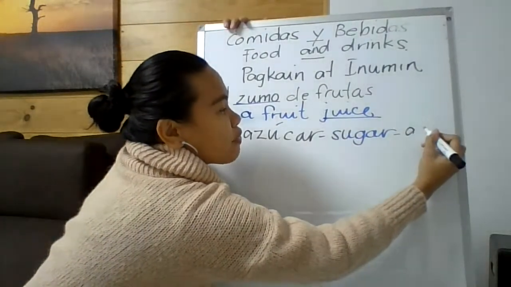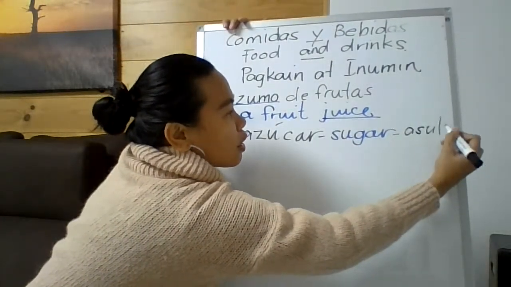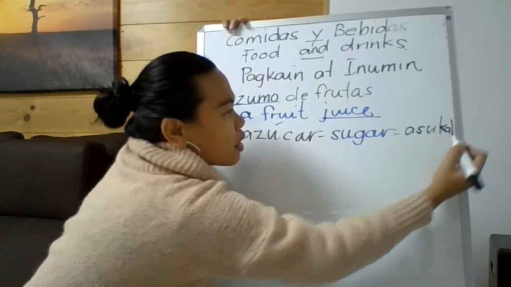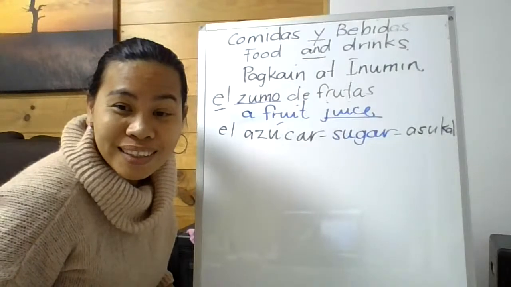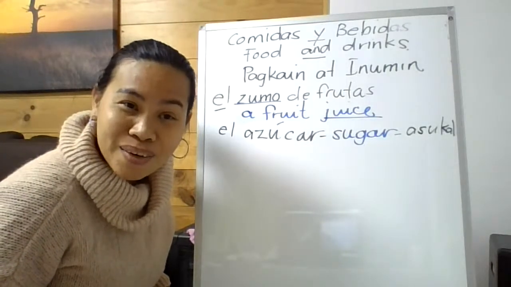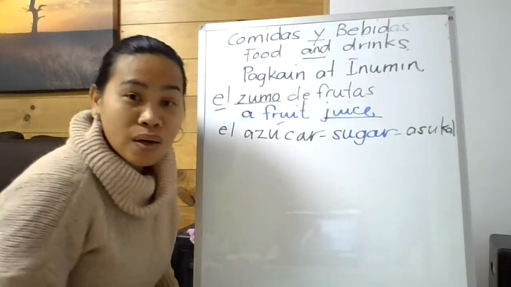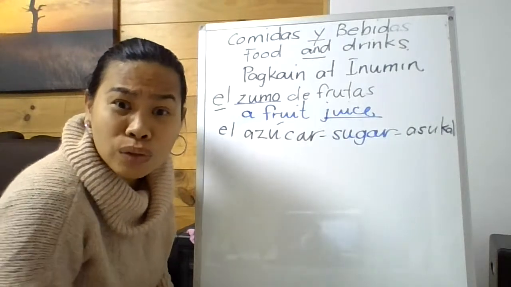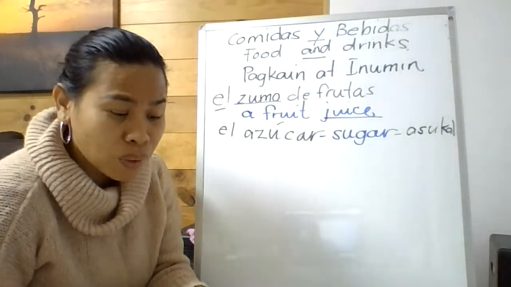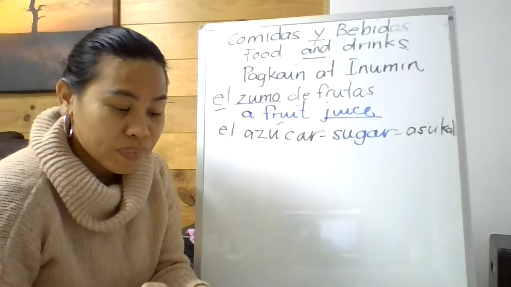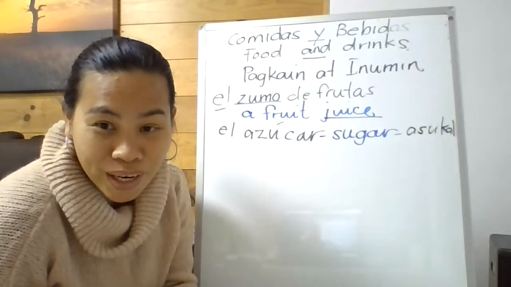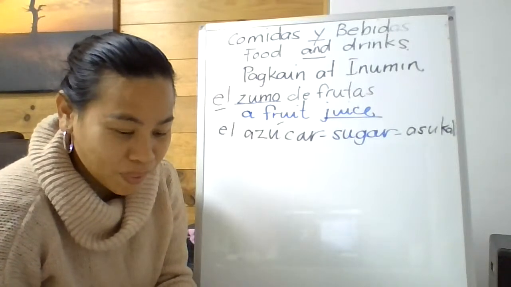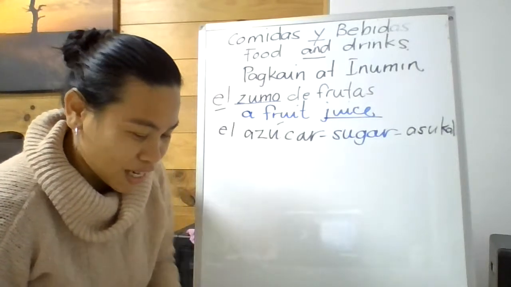But the spelling is different. Asukal. Tama ba ako? Sa Tagalog, asukal? Ati Tere Gonzalez, guwapa ati. Okay, asukal is Tagalog, no? In Bisaya, we call it asukar. Yes, okay. Thank you, Brian, for cooperating in my discussion.